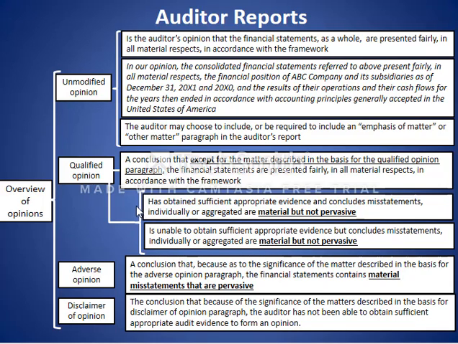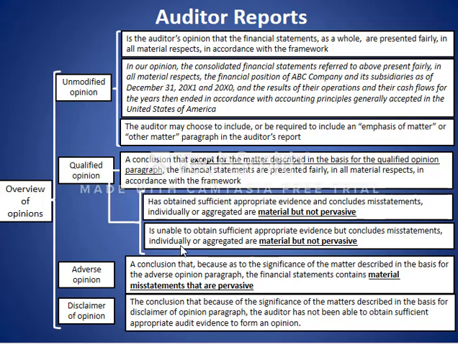So again, what we're saying is the auditor has obtained sufficient appropriate evidence, can prove, in other words, and concludes misstatements individually or aggregated are material but they're not pervasive. So again, materiality and pervasiveness do not mean the same thing.